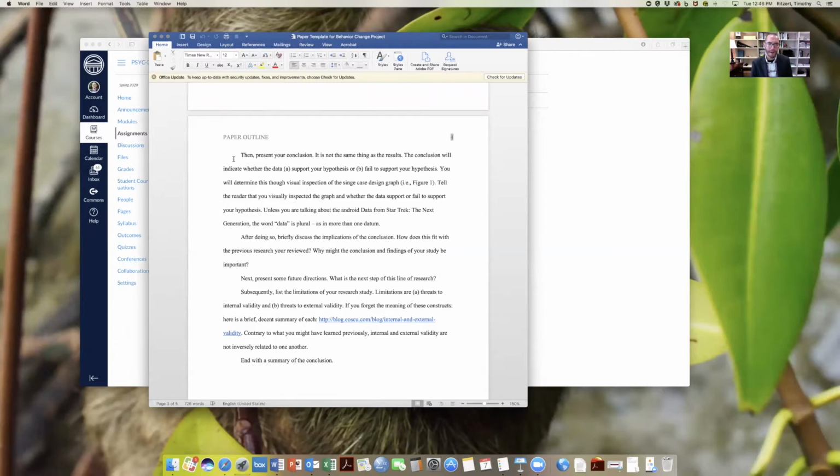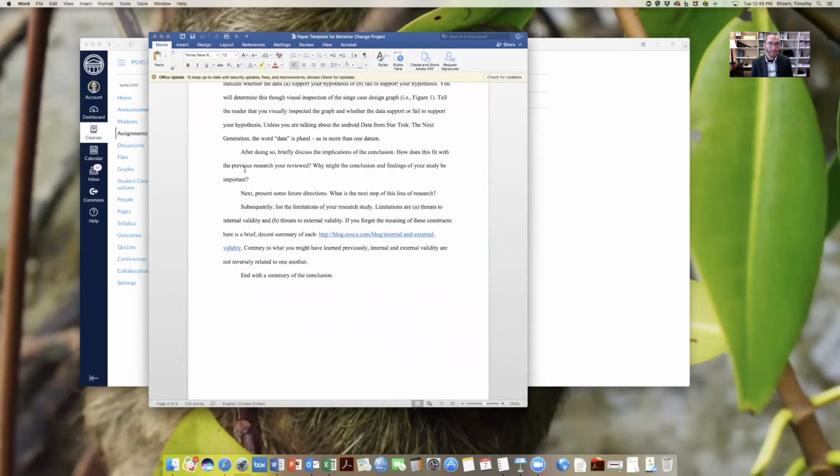Again, we'll talk about how to visually inspect the data that you collect and plot on the single case design graph in a moment, and talk about how you might make that determination. So next, briefly discuss the implications of that conclusion. Does your conclusion fit with existing research? Why or why not?